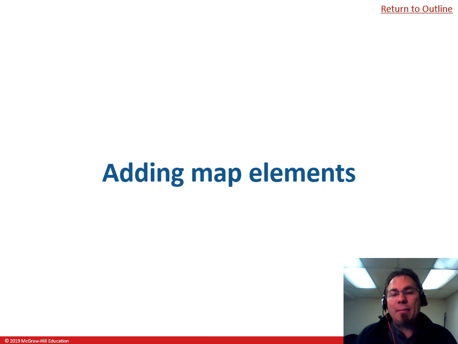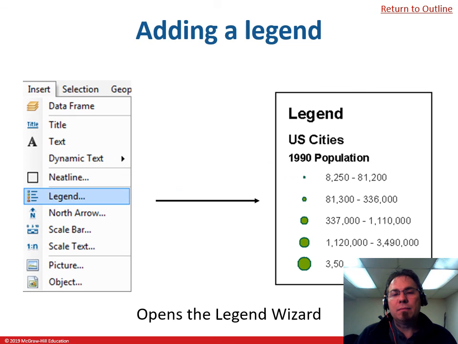Finally, we got to add the map elements, the required map elements, and then some optional ones as well. So adding a legend is by far one of the more trying things when you first learn how to do it. It takes practice. Now, there's a couple of different ways to do this, and the way I've always done it is I just get the legend on my map.